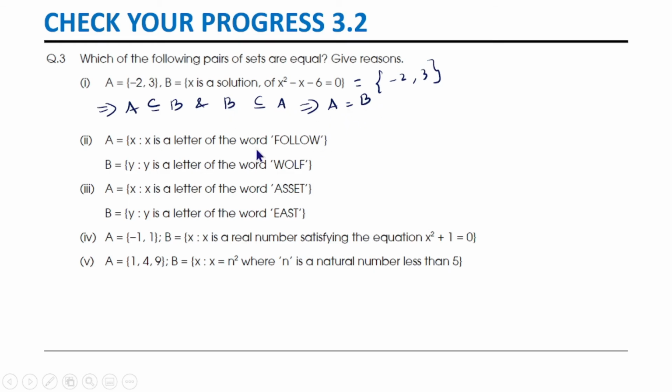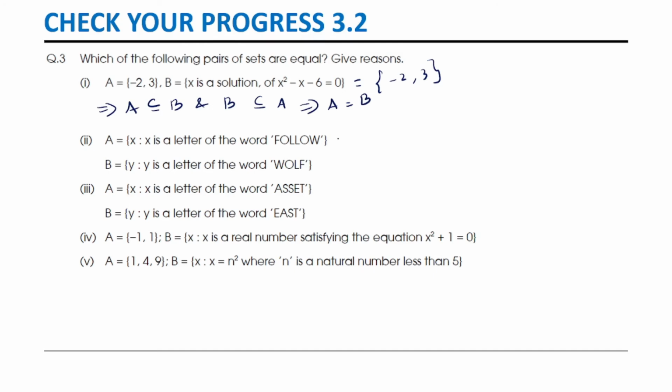The next one, A is equal to set of all x such that x is a letter of the word follow, B is equal to set of all y such that y is a letter of the word wolf. So here A is equal to set of all x such that x is a letter of the word follow.